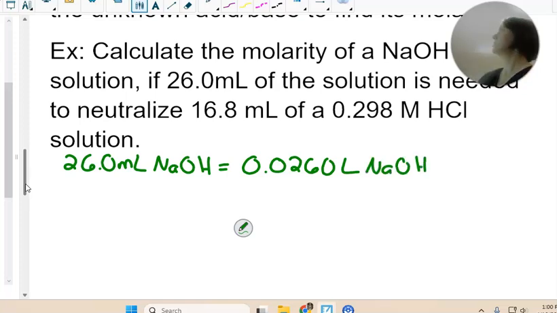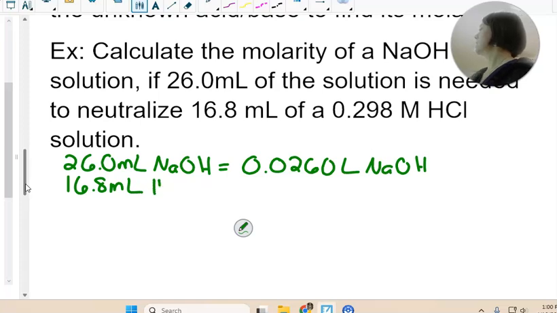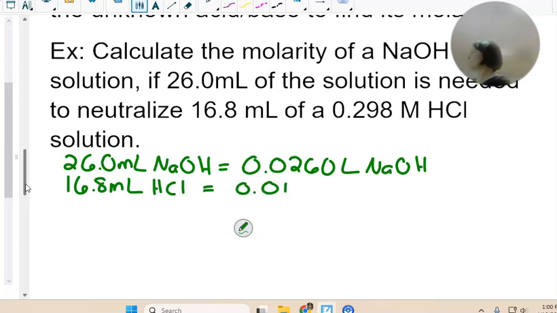And I have 16.8 milliliters of HCl, again dividing by 1,000 would be 0.0168 liters HCl.